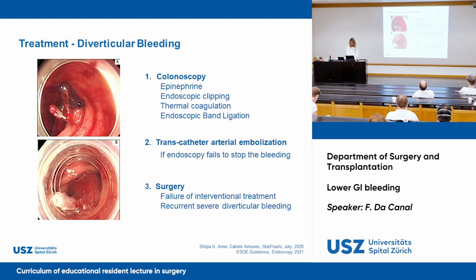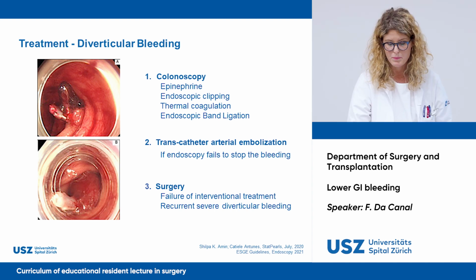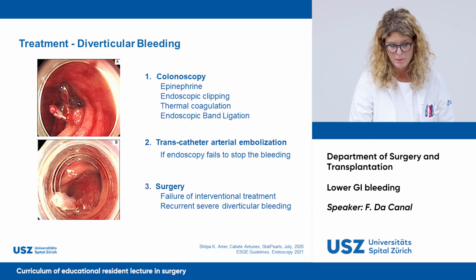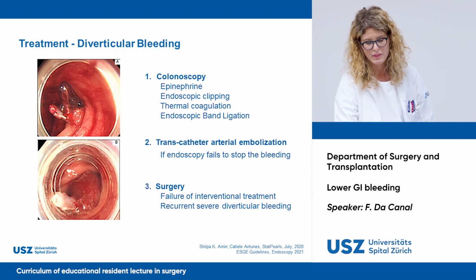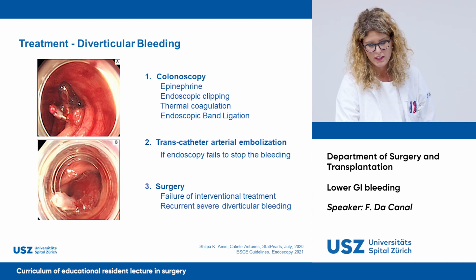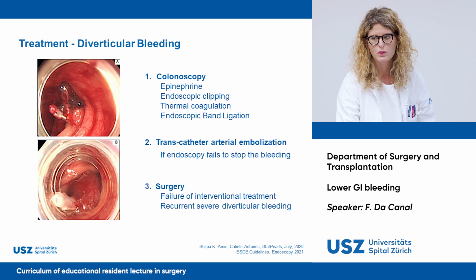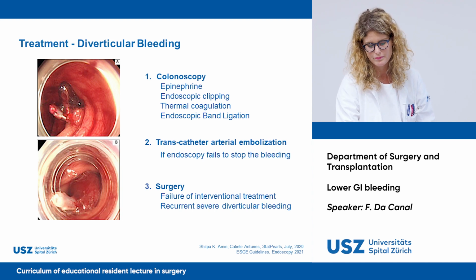Patients with diverticular bleeding are candidates for endoscopic treatment. Therapy options at colonoscopy include injection therapy with adrenaline, endoscopic clipping, or thermal therapies. The clipping is usually preferred because it's easier to do and less dangerous.